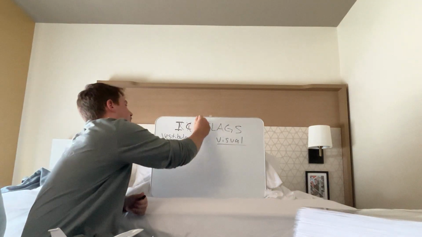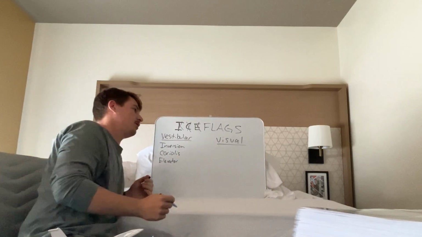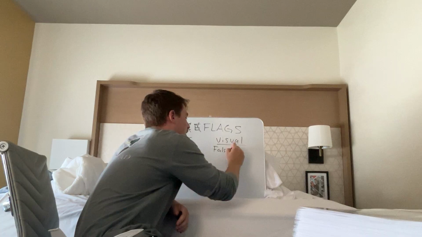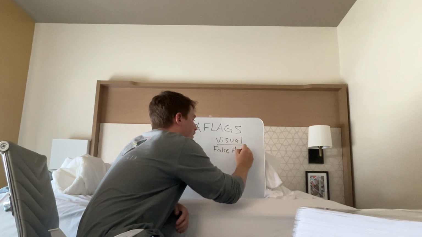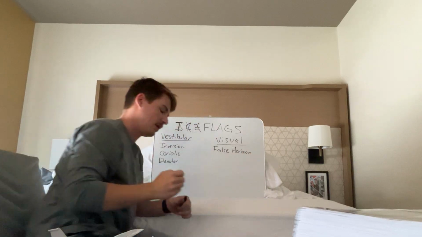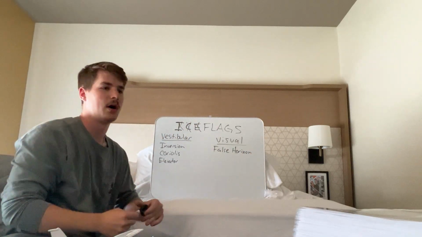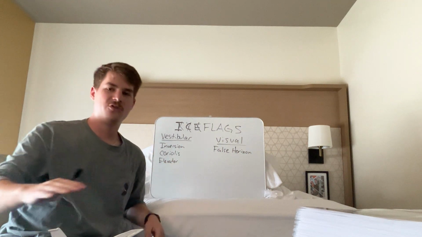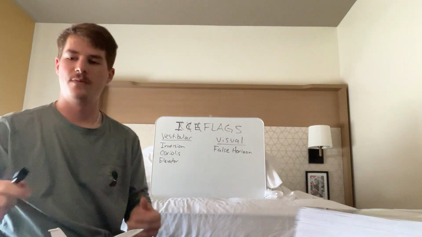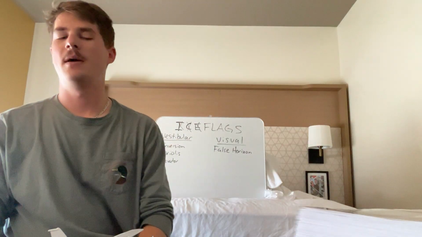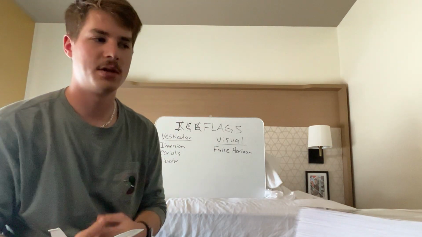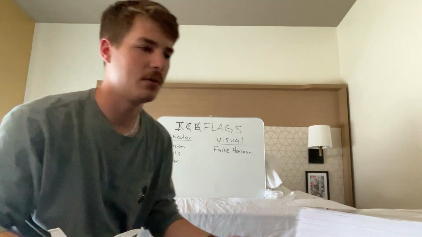Next we have our first visual, which is false horizon. So false horizon is an illusion caused by a feature that you are visually seeing that basically just confuses your brain into thinking that it is the horizon.